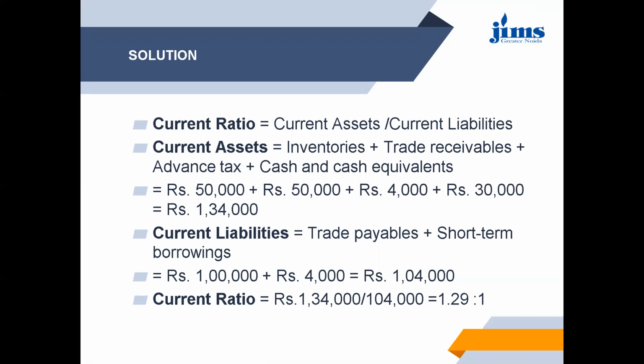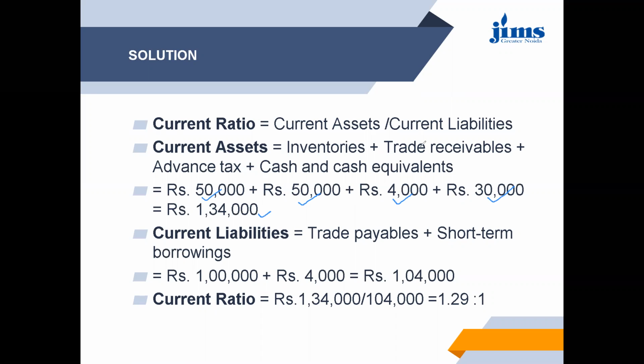That information is already given, like inventories are given 50,000, trade receivables are 50,000, advance tax is 4,000, and cash equivalents is 30,000 rupees. So total of current assets is 1,34,000.